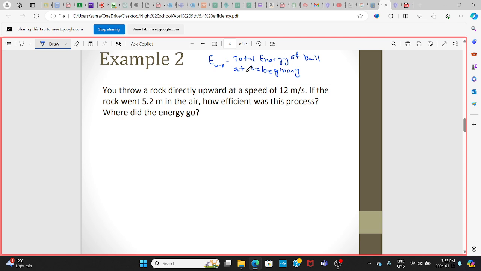And what is the output? The output is how much work you have done, right? Work done by moving the object up.